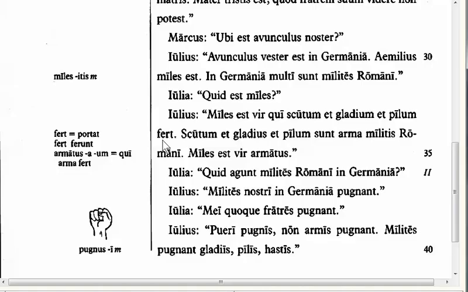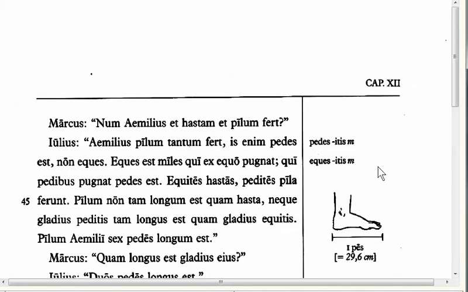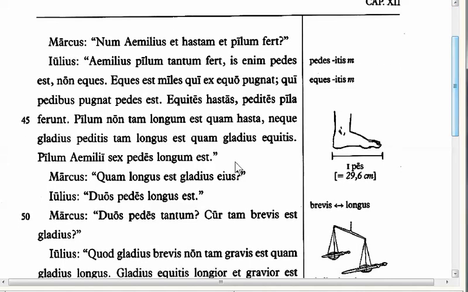Okay, the next new grammar feature is in line 49, where we have the sentence Julius says, duos pedes longus est, talking about the gladius. The gladius is 2 feet long.